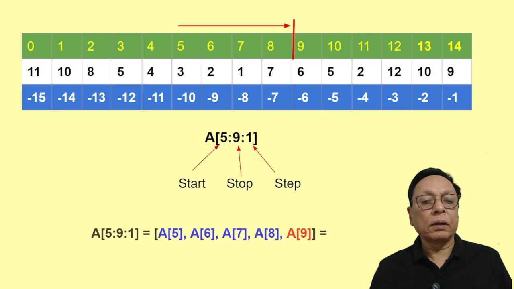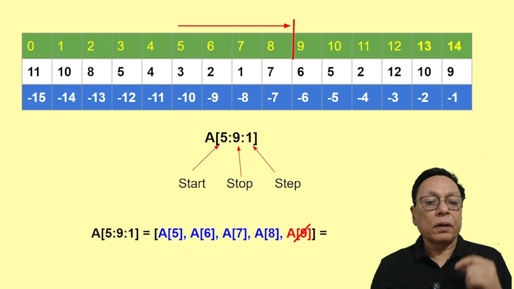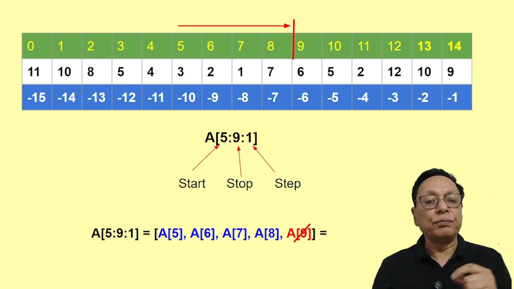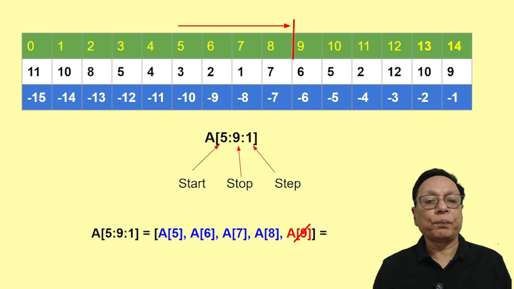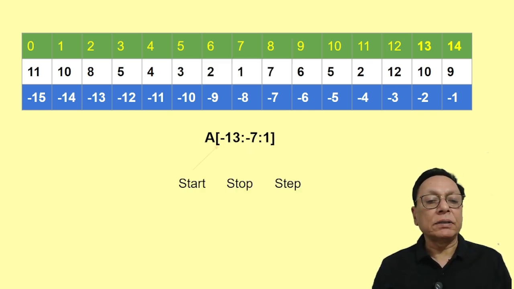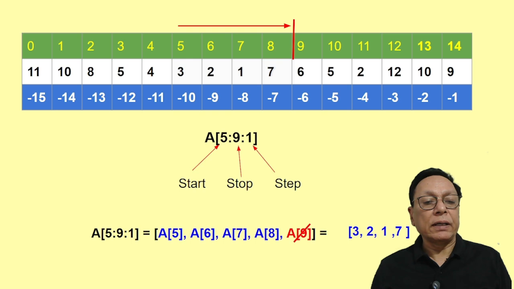So A5, A6, A7 and A8, and we move till 8 only. We exclude A9, so the slice will be 3, 2, 1, 7. This is the slice.